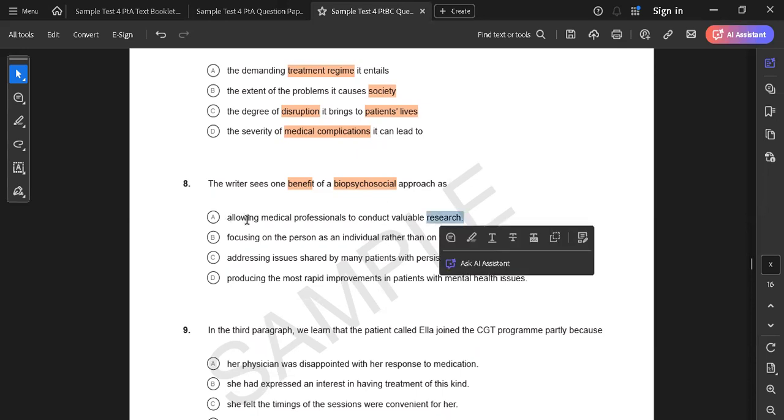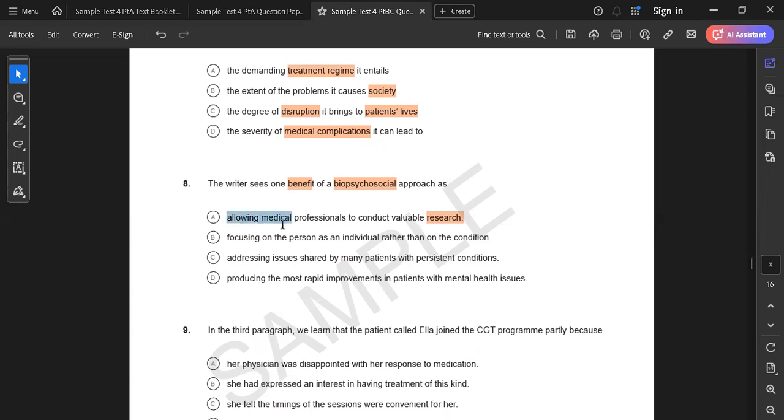And then in the options, what are your keywords in the options? Research. Yes, allowing medical professionals to conduct valuable research. So you need to check whether they are talking about allowing medical professionals to conduct any kind of research.